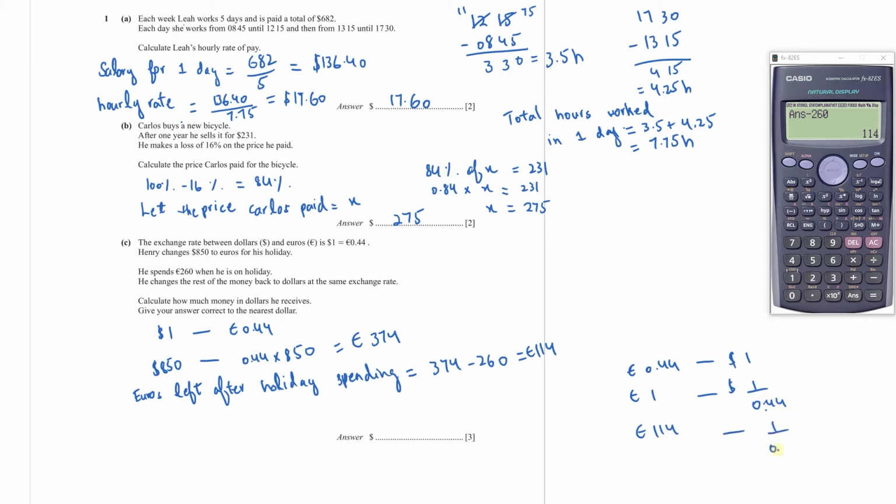So this will give you 1 over 0.44 times 114, which is simply 114 divided by 0.44. So this is 259.09. Since you have to give the value to the nearest dollar, your answer will be 259.